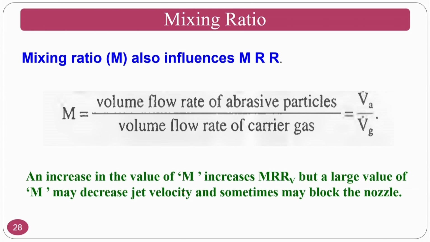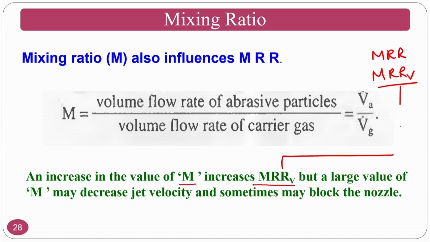So an increase in the value of M, the mixing ratio, increases the volumetric material removal rate. Normally some people represent material removal rate as MRR, and MRRV represents the volumetric material removal rate. See here it is shown as MRRV, the volumetric material removal rate.